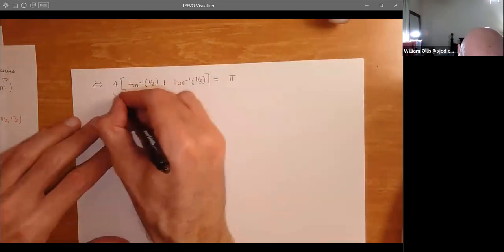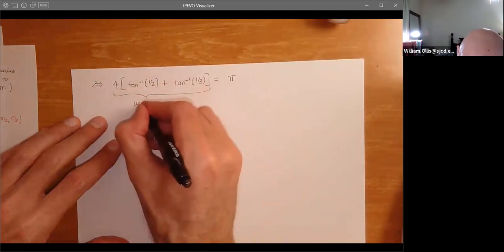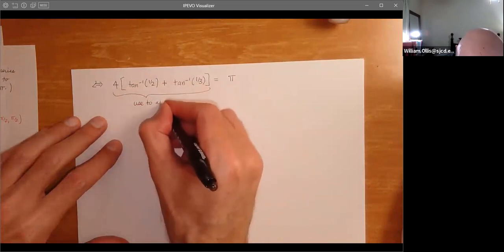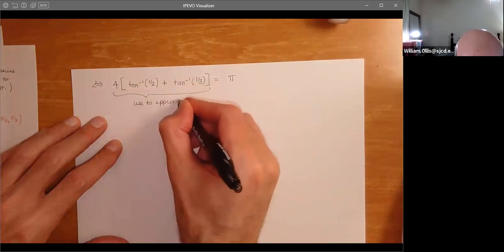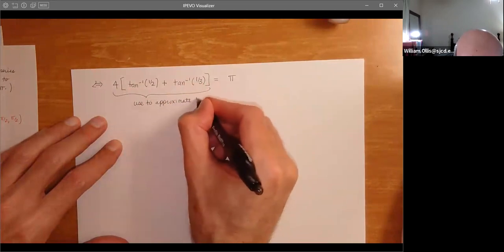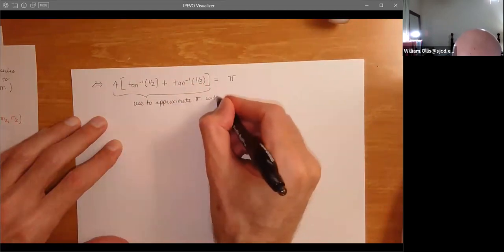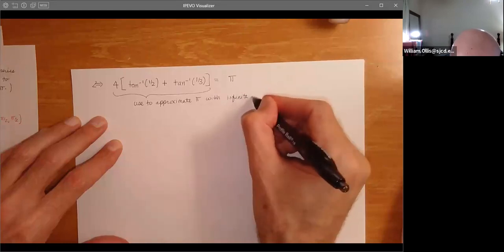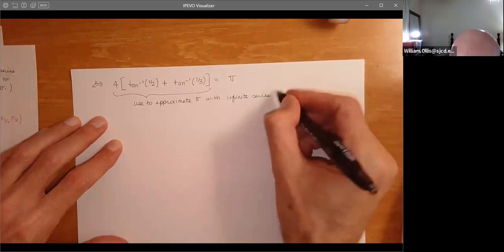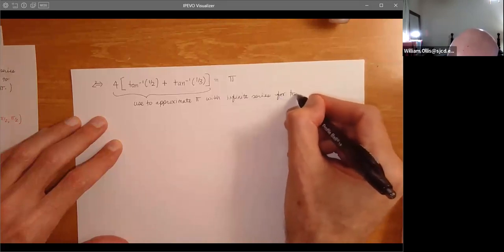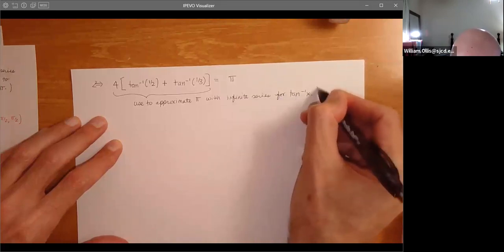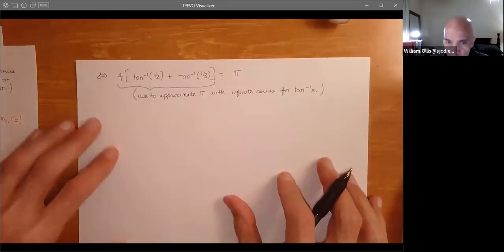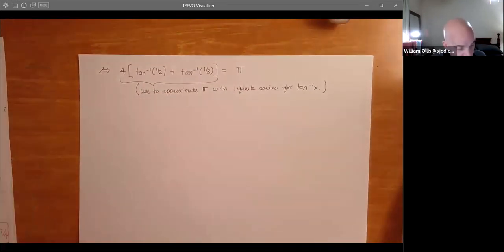So we can use this to approximate pi with infinite series for arctan. So that's the key here. And this actually improves the process. So let's just see what we get.